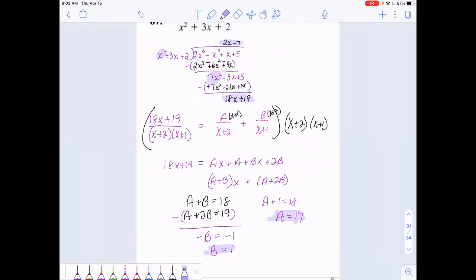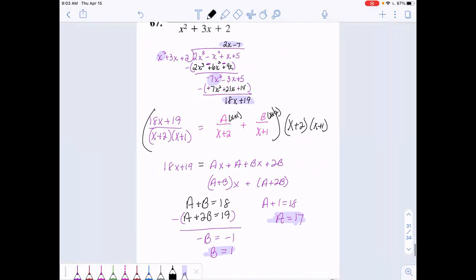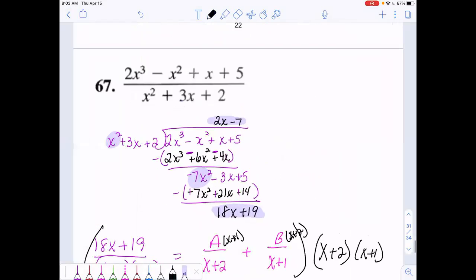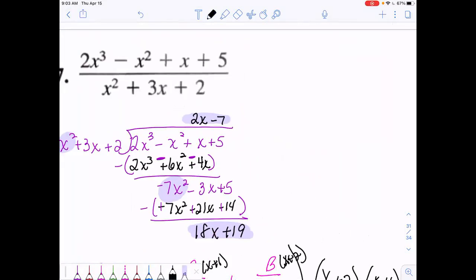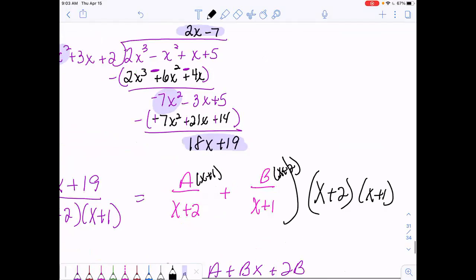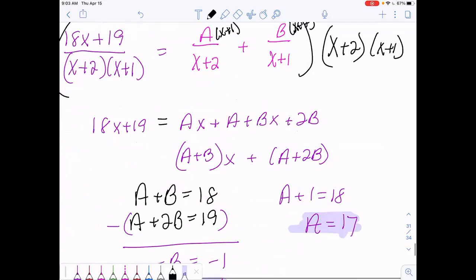The last step, please don't forget to rewrite this as a partial fraction with the numbers that we found. So my original fraction is now equal to 2x minus 7. That quantity was the factor that we pulled out of the original numerator. And then in addition to that, we found A to be 17.